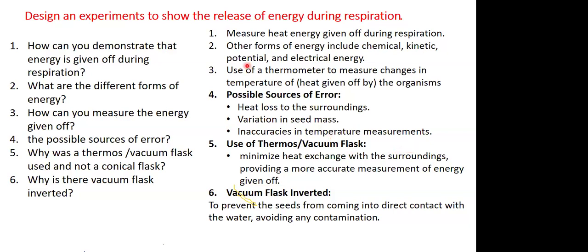So how can we avoid that source of error or that excuse? Someone may tell you, no, you put fewer seeds here and you put more seeds there. So how can we deal with that? How can we avoid the variation in seed mass? Because you are comparing.